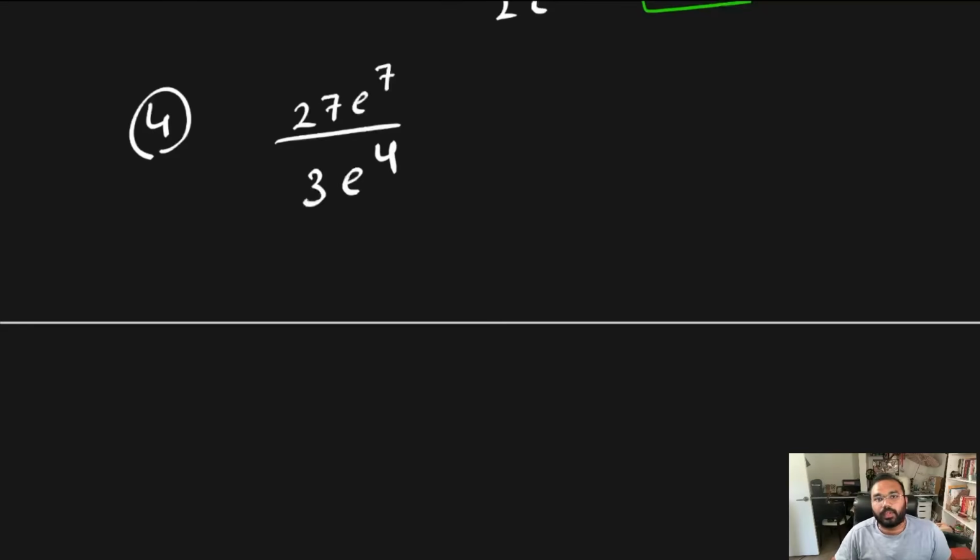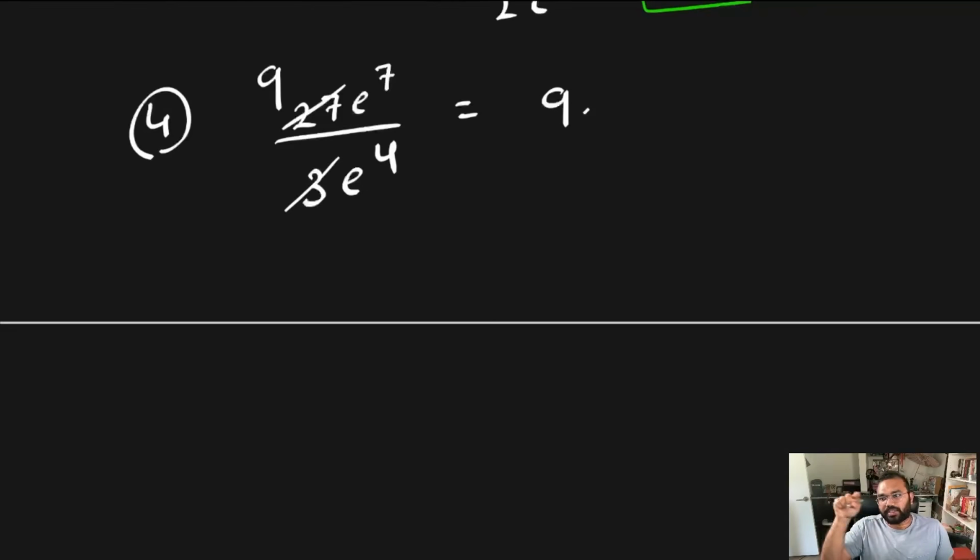Next question. 27 e to the power of 7 divided by 3 e to the power of 4. Right? Now between 27 and 3, what is the common factor? 3 times 9 is 27. So we go 9, and e to the power of 7 divided by e to the power of 4.